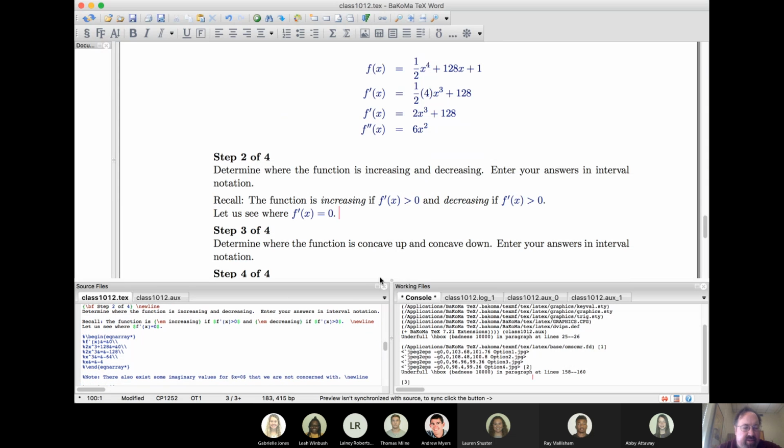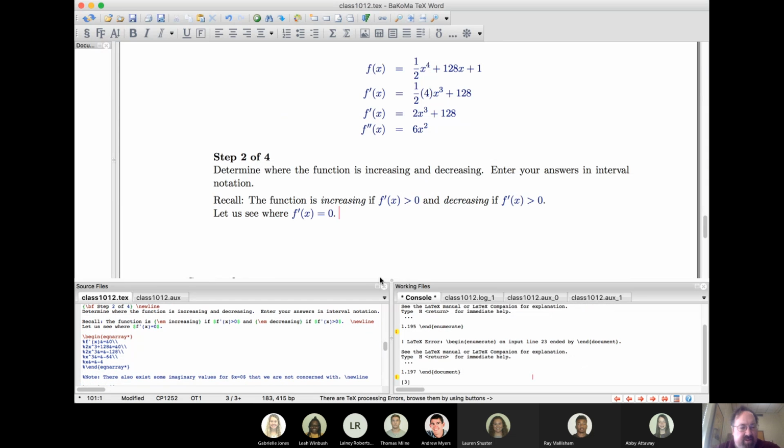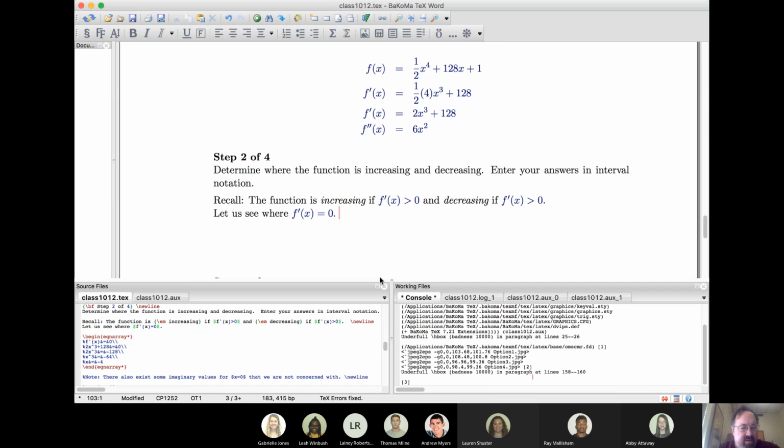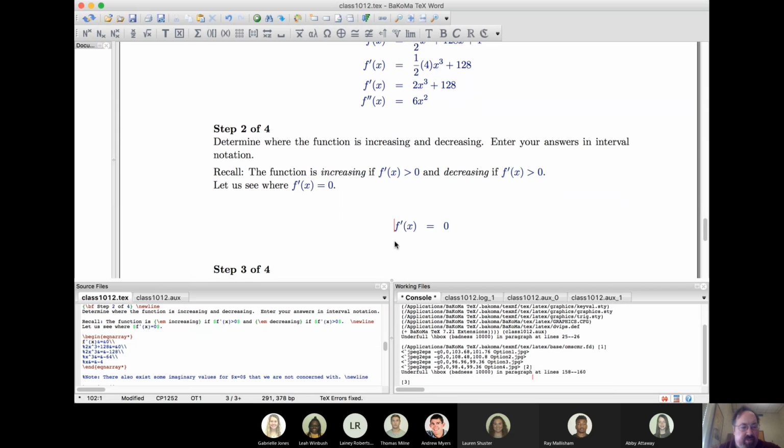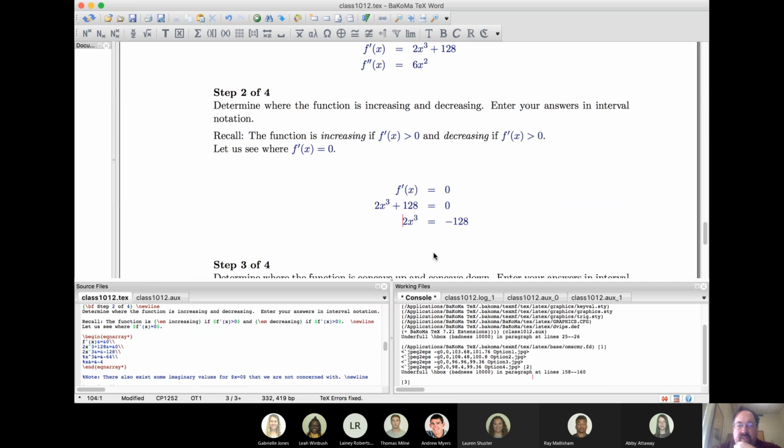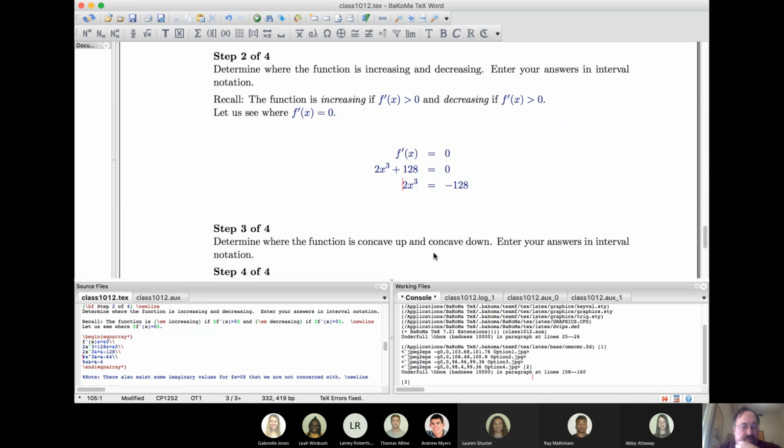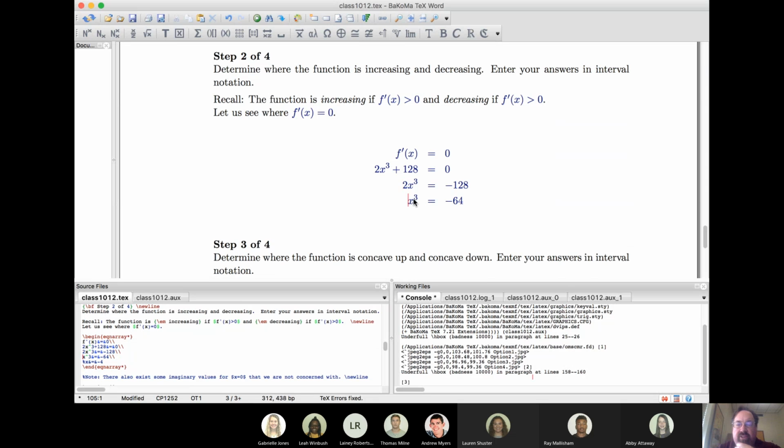So if we go ahead and do that, we set f prime equals 0. So then 2x cubed plus 128 is 0. So then we just go ahead and carry out the algebra here, and we're going to get x cubed is minus 64. Now remember, whereas the square of a negative number is positive, the cube of a negative number is negative.